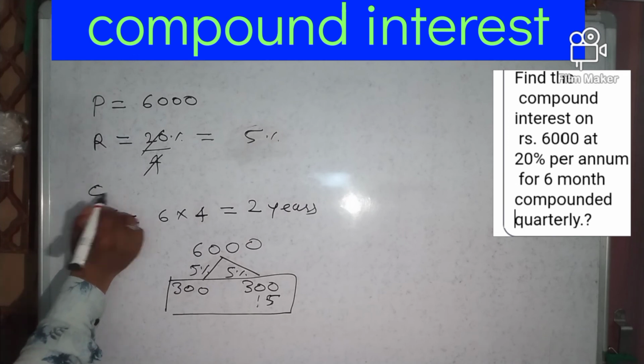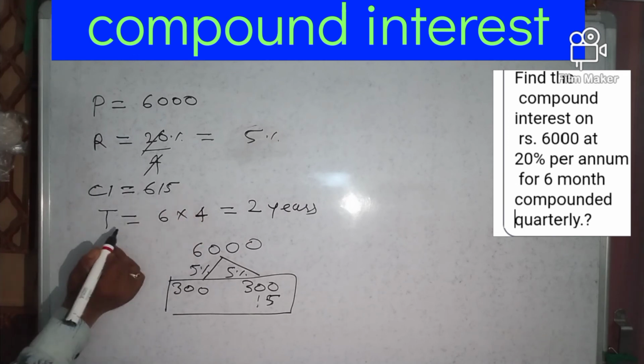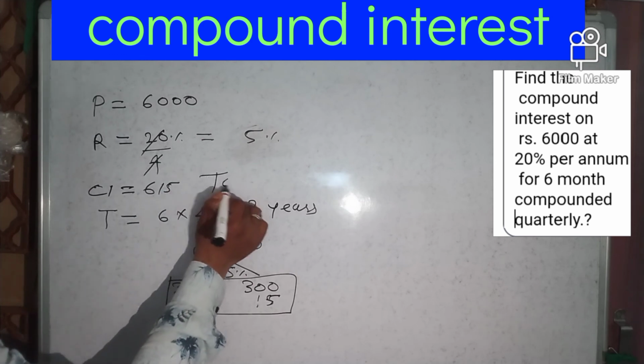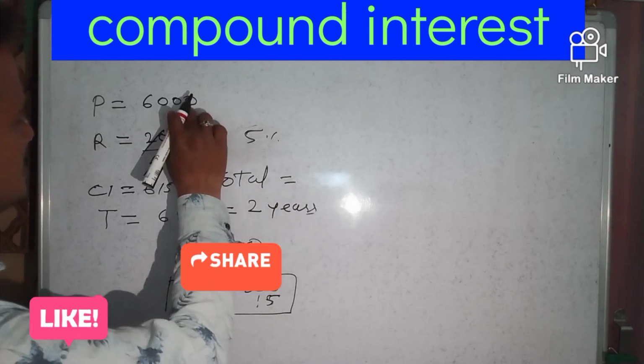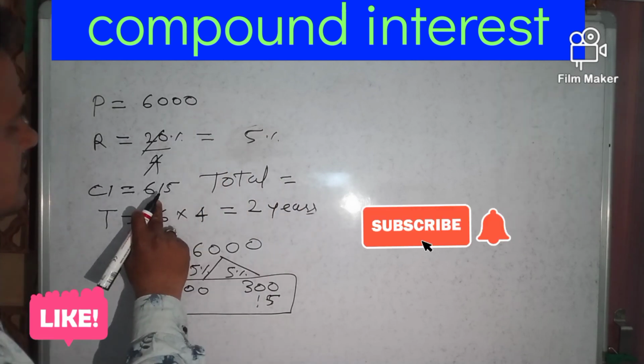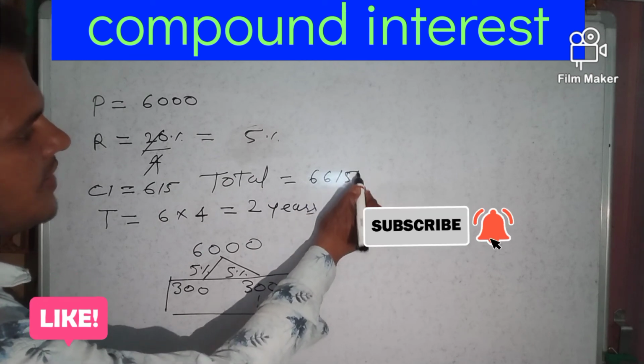So CI is equal to 615. Total amount will be 6000 plus 615, so 6615, right?